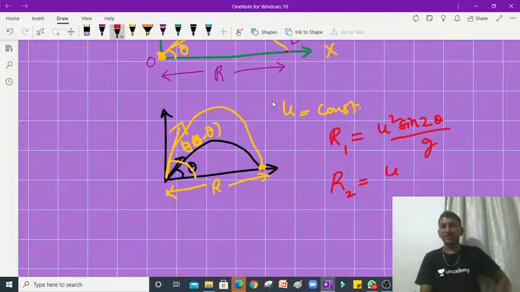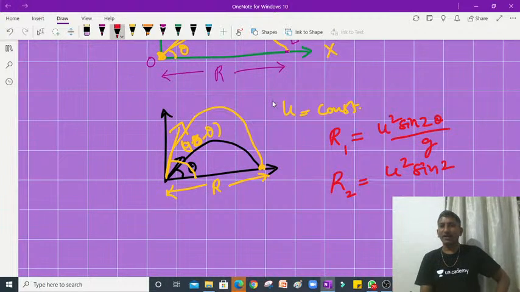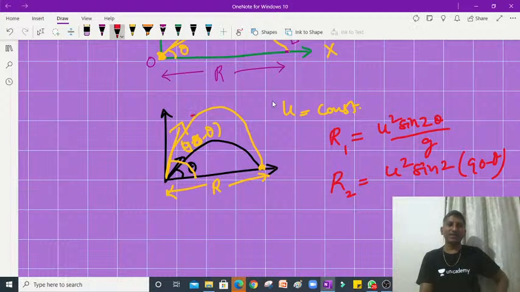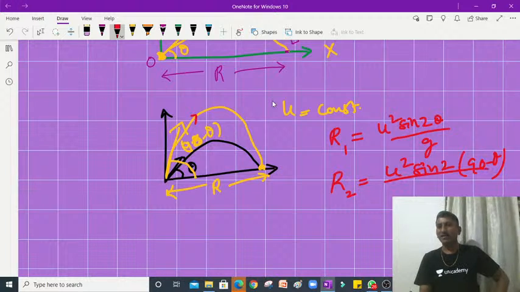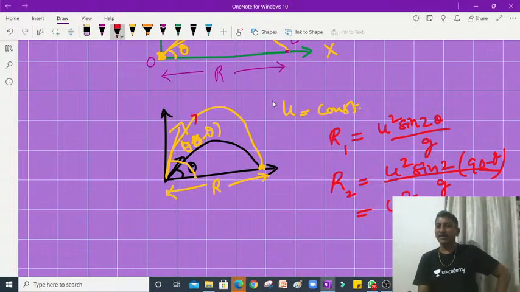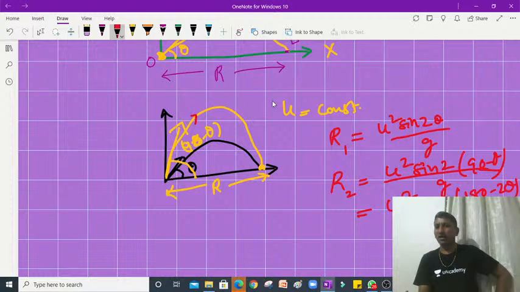R2 is nothing but u square sine 2 times 90 minus theta, with theta replaced by 90 minus theta for the second projectile, divided by g. Therefore u square sine of 2 into (90 minus theta) can be written as (180 minus 2 theta) whole divided by g.